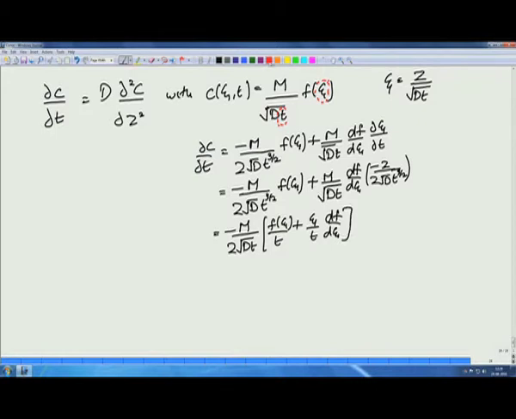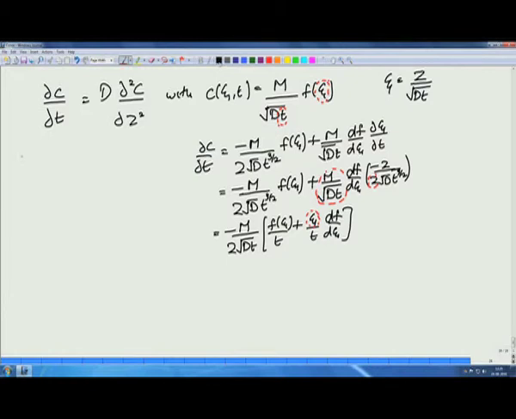You can see that I have taken this factor of m by root Dt out, and this factor of 2 out, and the negative sign also comes out here. Therefore, I have z by root D times t to the 3 halves. Z by root Dt is psi, and since I have a t to the 3 halves in the denominator, I have to include that 1 over t over there. So, that is the left side of this equation.